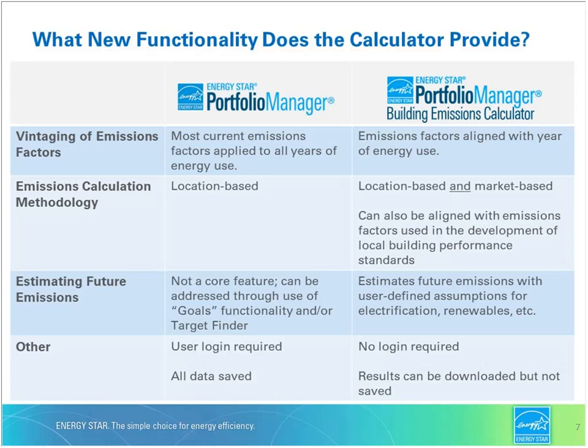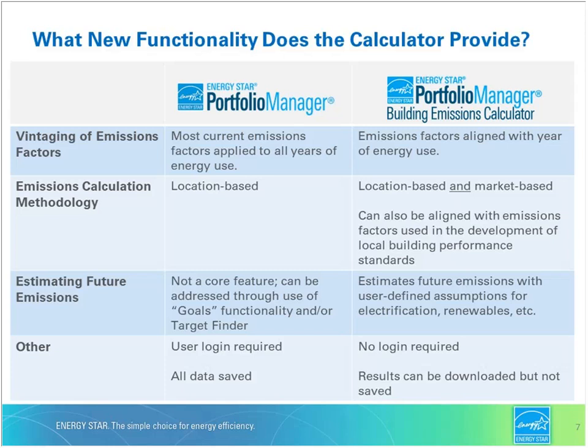Portfolio Manager is really focused on historical and current performance. The building emissions calculator will allow you to forecast future anticipated emissions based on a couple of user-based assumptions, which we'll discuss.